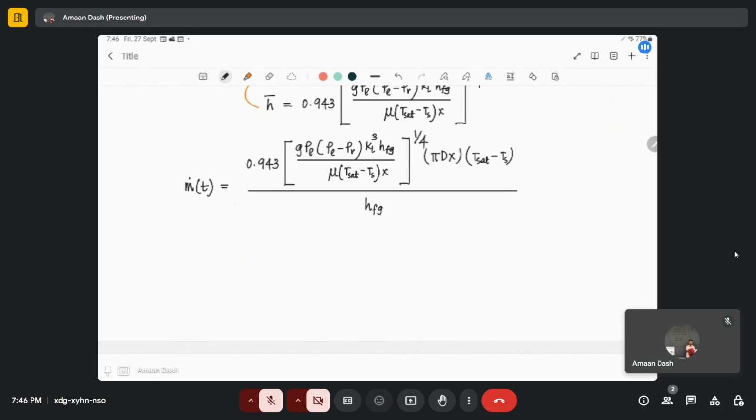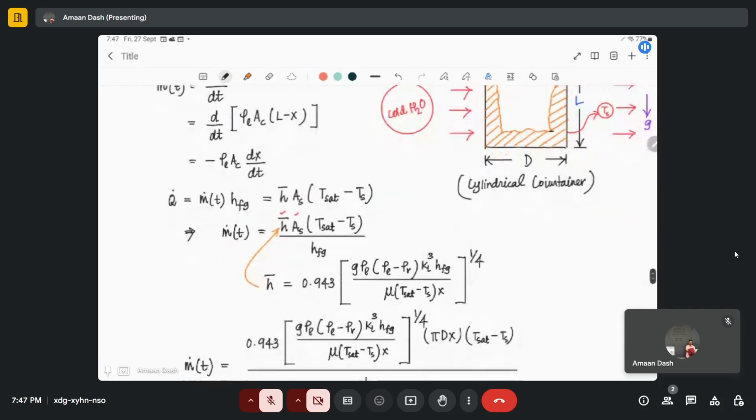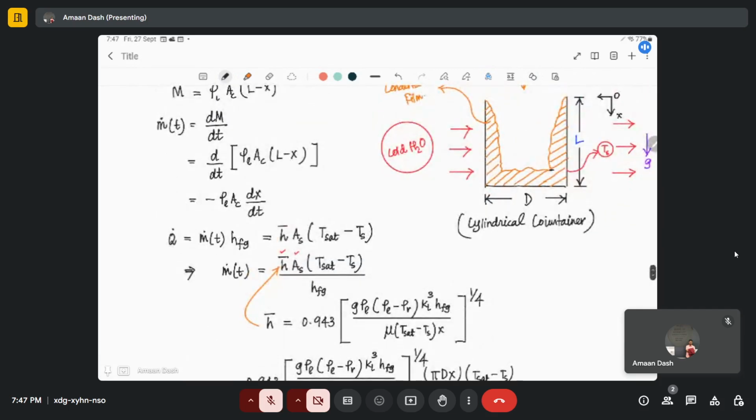So this is nothing but m dot. So you see, this m dot, we need an expression in terms of x.